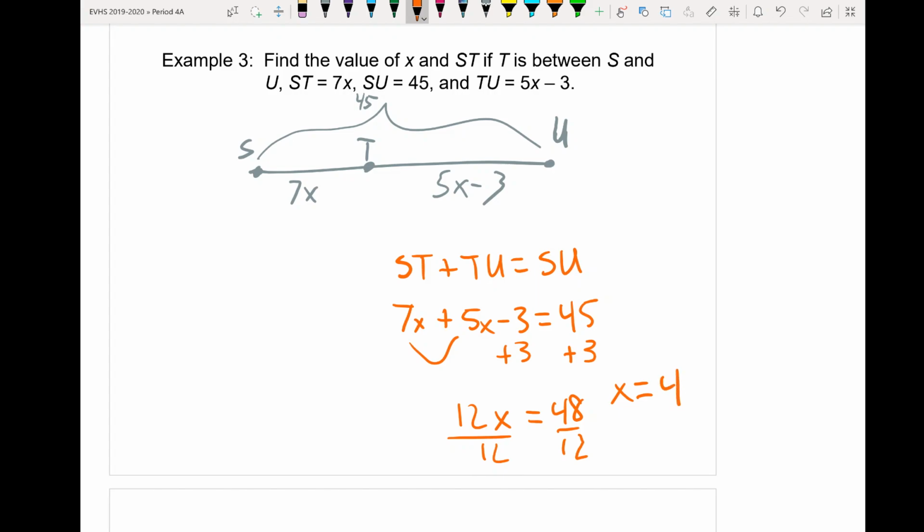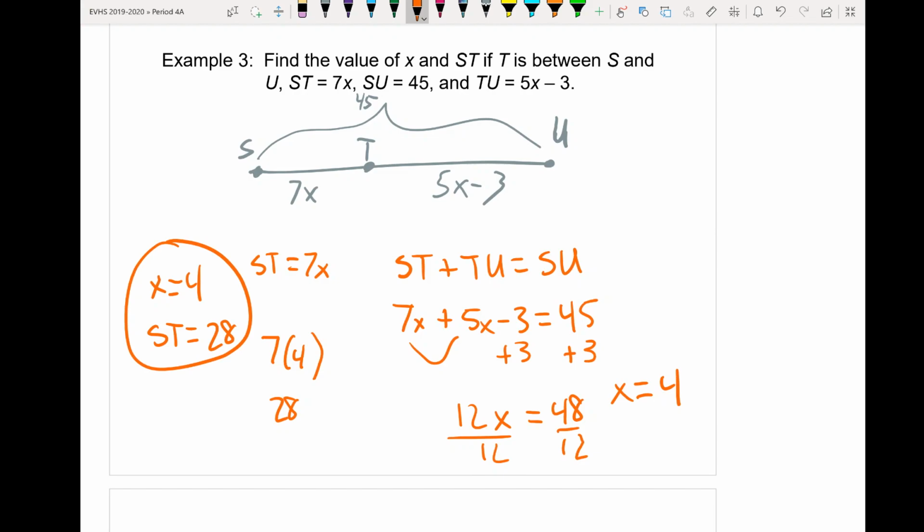X equals 4. Very good. Are we done? No. Because it's asking us for the value of x and ST. So now it's going to plug it back in and give me 7 times 4 is 28. Awesome. All right. Thank you very much, Brooklyn.